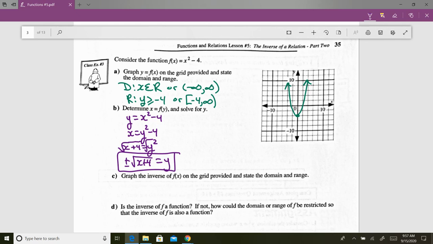Let's graph the inverse here. We can do it with the graph or we can do it with the equation. Which way do you want to do it? Graph? Okay. So this point right here is 0, -2. Where does it move to?